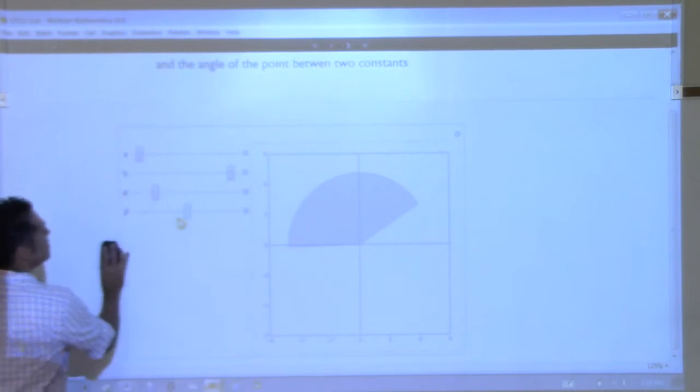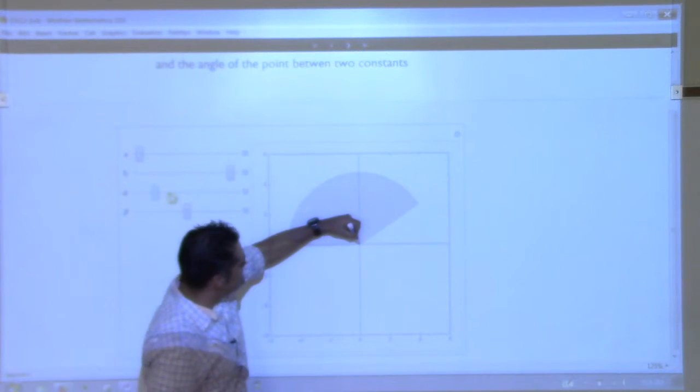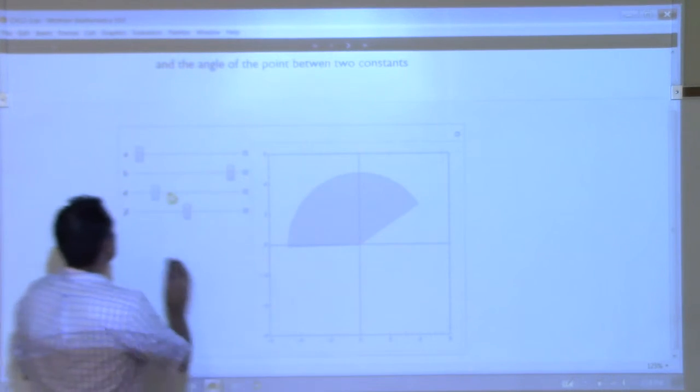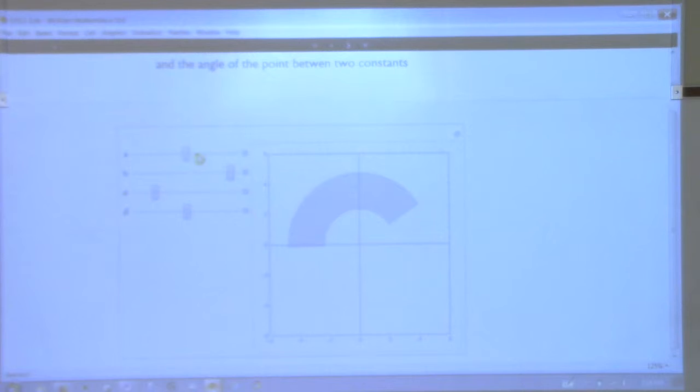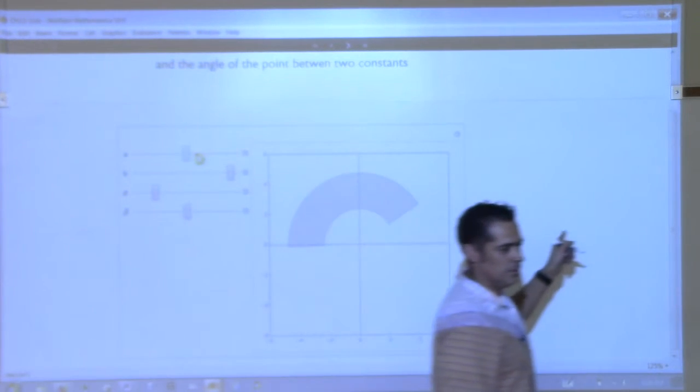Now what if my radius, right now my radius is between like 0 and something, but it doesn't have to be 0, it could be like that. You see that? This is what we call a polar rectangle.